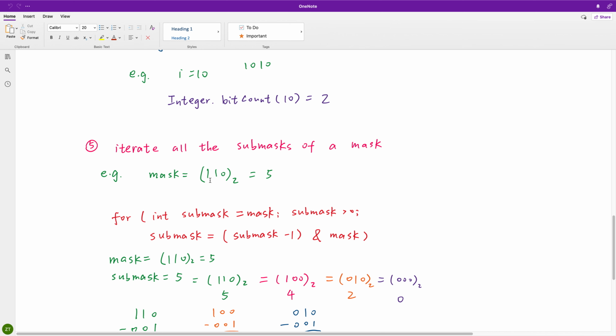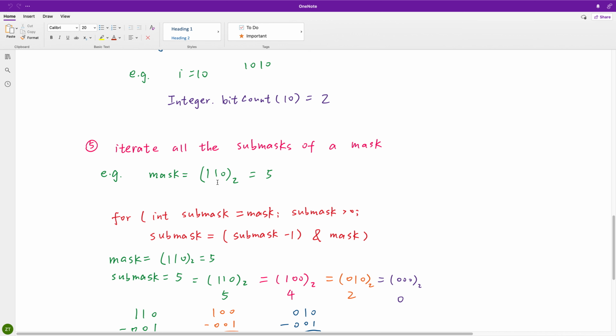So its submask should be either this one set or this one set. We can never get the zeroth bit set because it does not belong to this mask. How can we understand it?